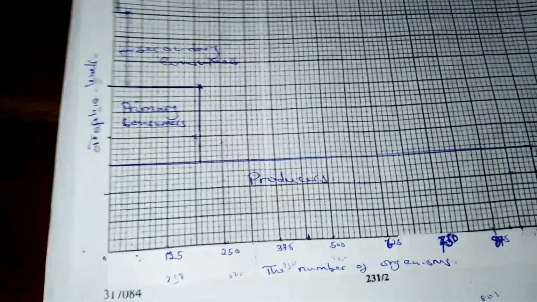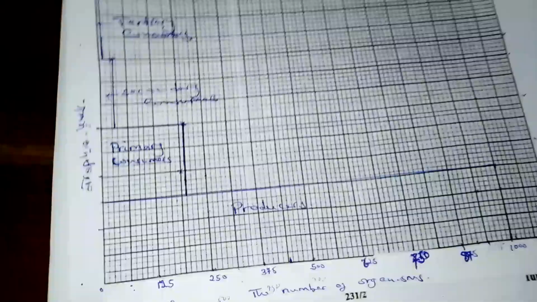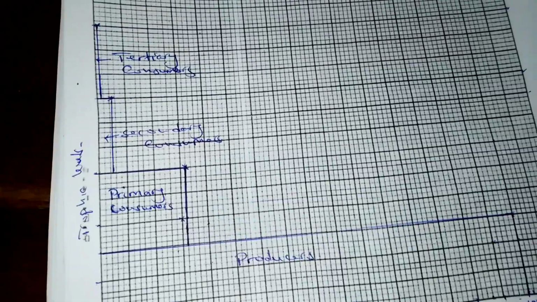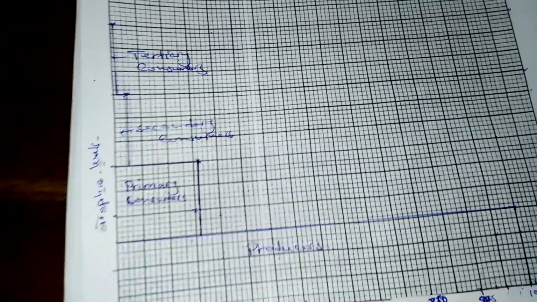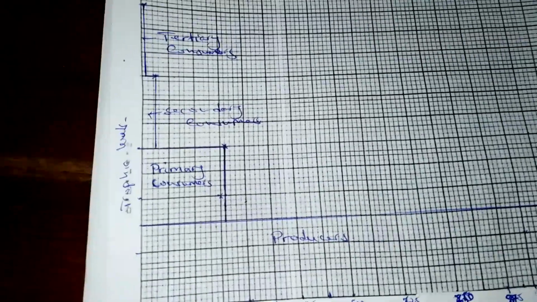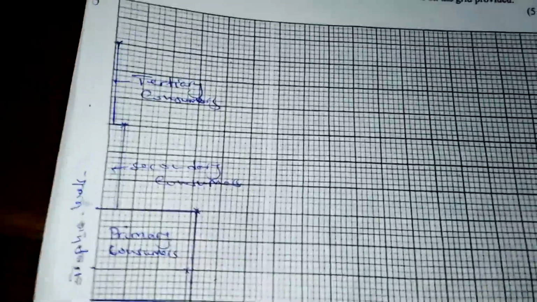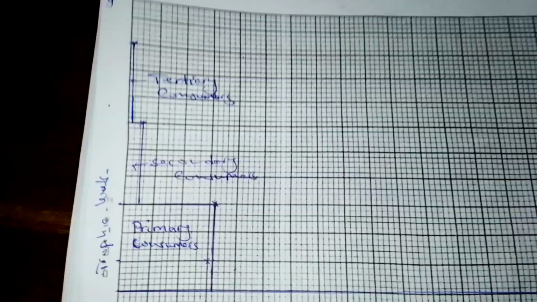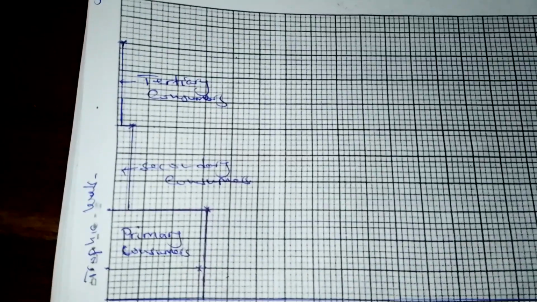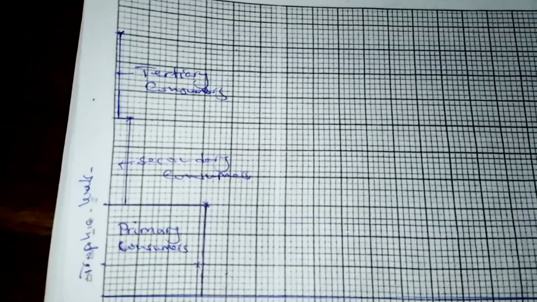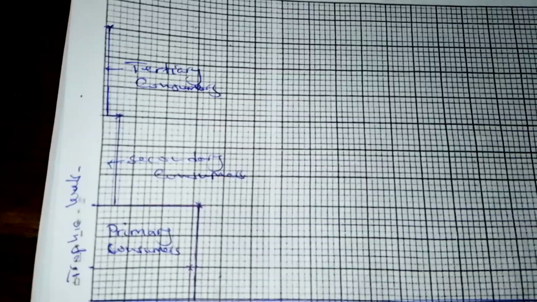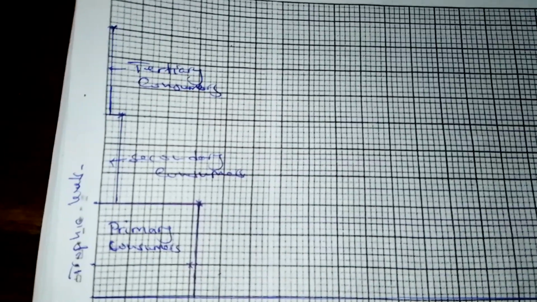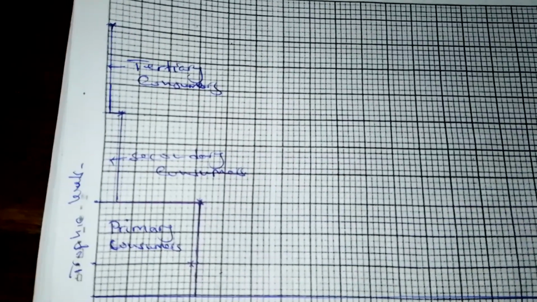You are supposed to choose a scale of your own, and this scale is supposed to cover all the organisms from the highest to the lowest. Also make sure the graph you are drawing covers the entire 3/4 of your graph so that it can be valid and follow the requirements of graphical principles.